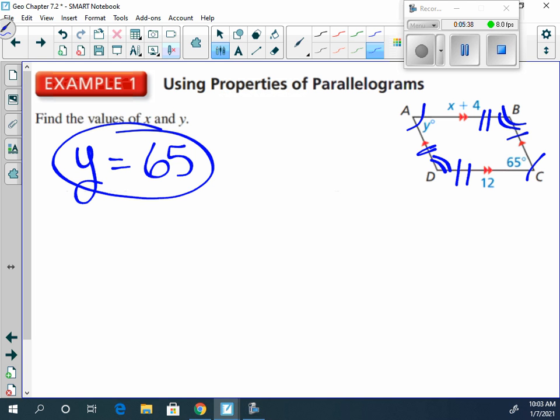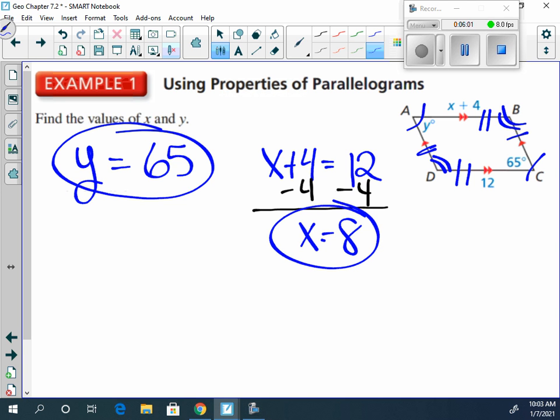Now, we also know the opposite sides are congruent, so x plus 4 is going to equal 12. We just need to solve by subtracting 4 from both sides, which tells us that x is equal to 8. That's it. So we can use these properties to solve for missing sides and missing angles. Questions on this here?